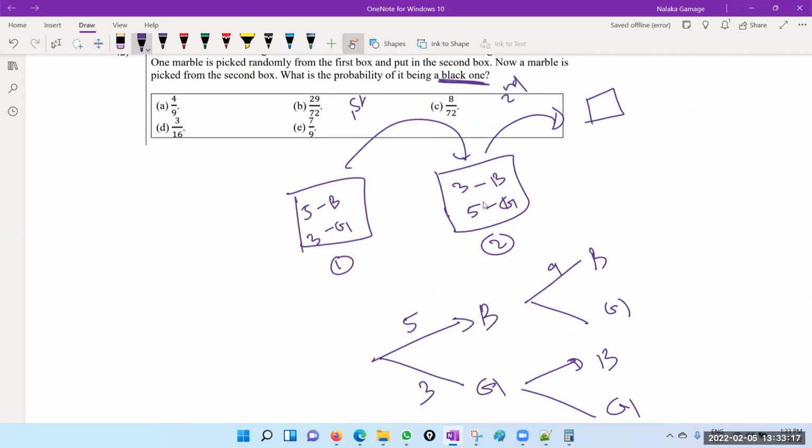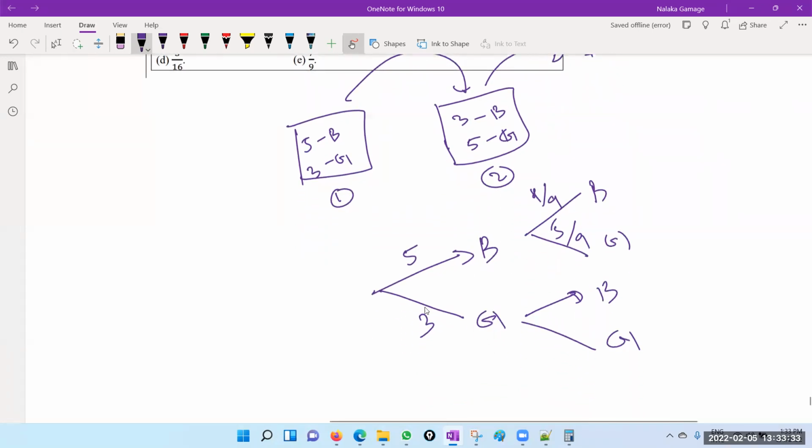So now black, there are 4 black, so this is again 9. But here, what we got is green, so we have 6 black out of 9, and 3 black out of 9.